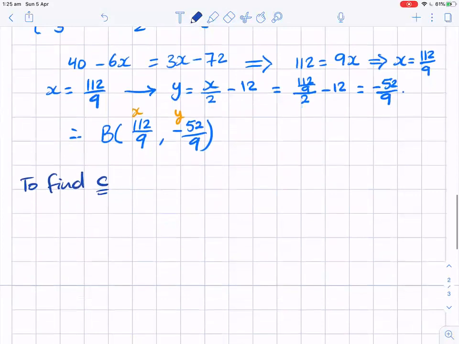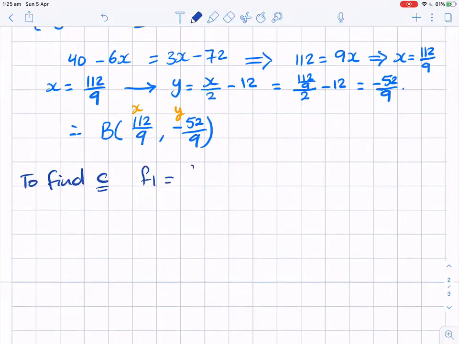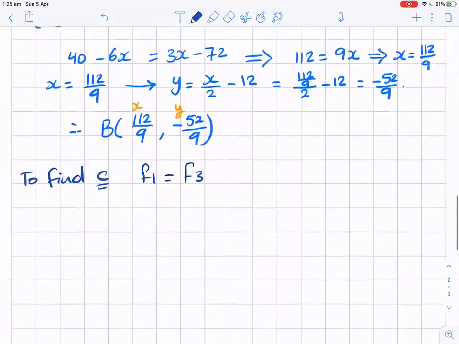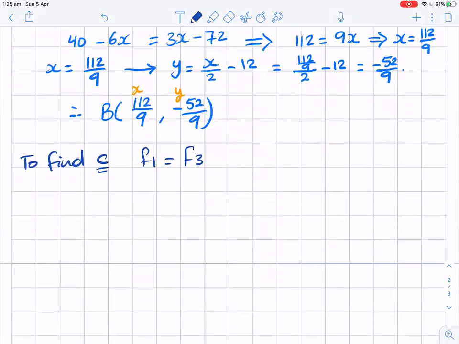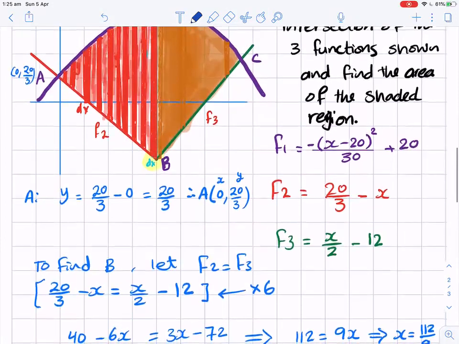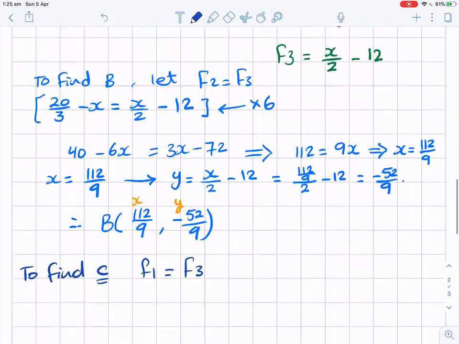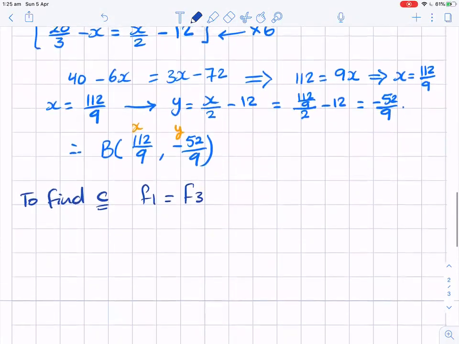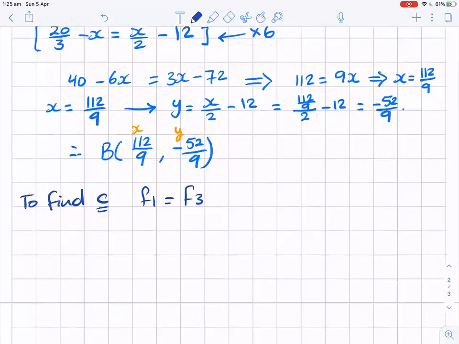So we make F1 equal F3. We substitute the equations for both functions. F3 is x over 2 minus 12, and F1, which is the curve, is minus (x minus 20) squared over 30 plus 20, equals F3, which is x over 2 minus 12.